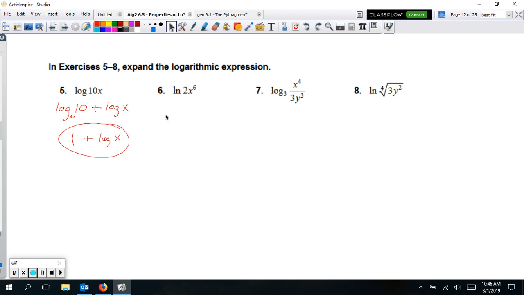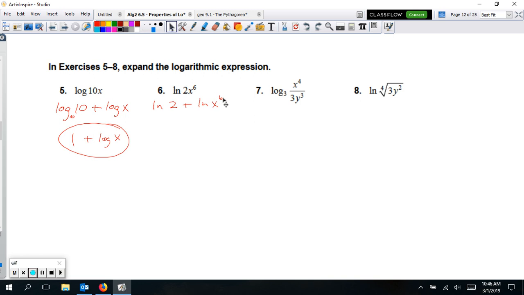Next one, number 6, ln, again, that's base e. On this one, log base e, and we have a 2 times x to the 6, so another product property, kind of similar to this. We're going to see a plus on this one as well. So put it into 2 logarithms where we have the natural log of 2 plus the natural log of x to the 6th. So they're just going to break apart the 2 times x to the 6th, but now we see an exponent here on x to the 6th.